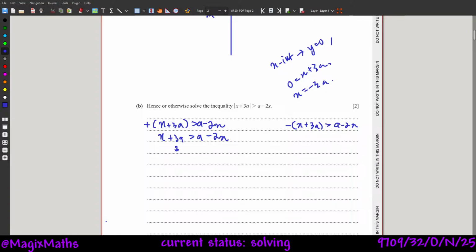So we have 3x. A minus 3a is negative 2a. x is greater than.